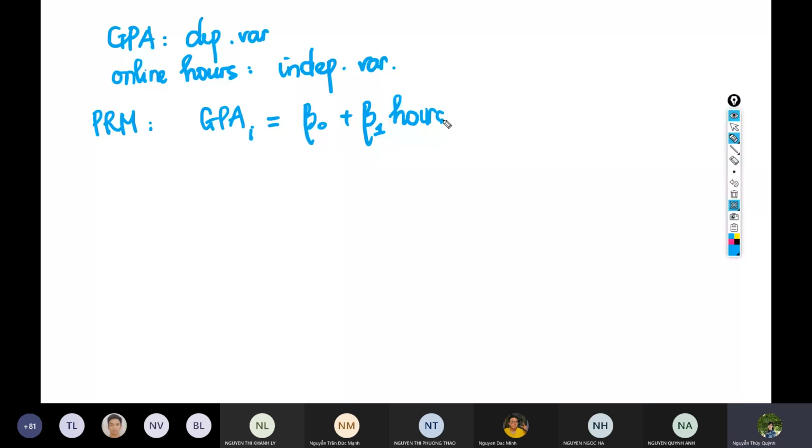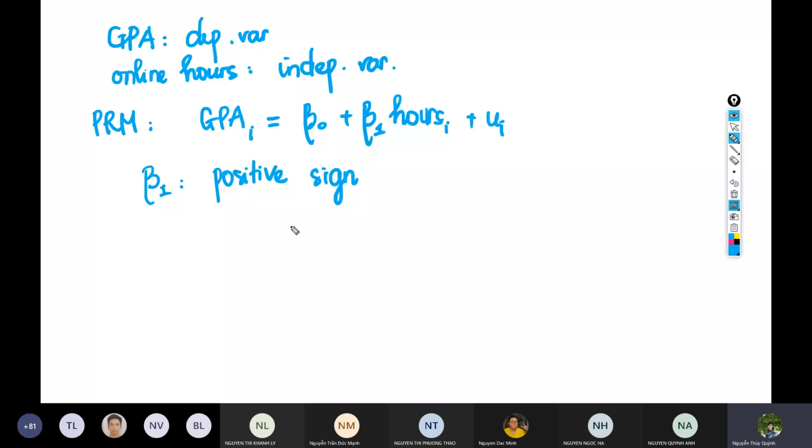And what is the question? What is your expectation about the sign of the slope? I think the sign of the slope is positive. Positive sign. Yes. I think the more time students spend on studying, the higher GPA they will get.